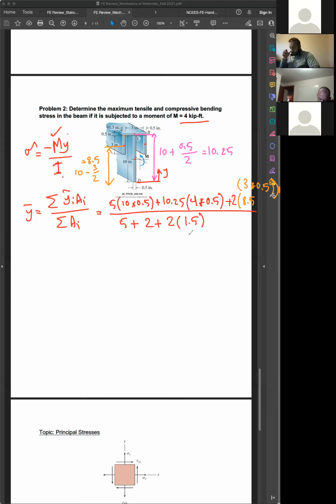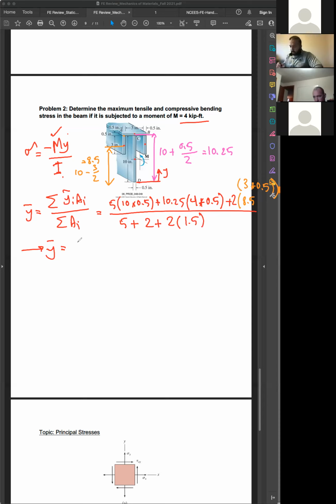All right. So from this, your y bar would be equal to 5 times 10 times half plus 10.25 times 4 times half plus 2 times 8.5 times 3 times half, over 5 plus 2 plus 3.